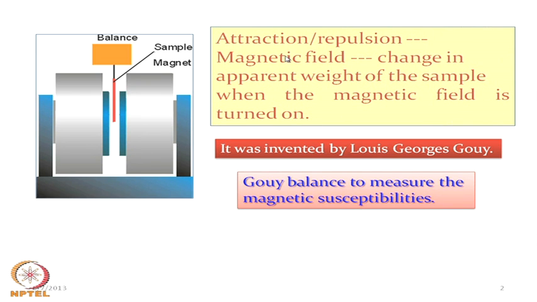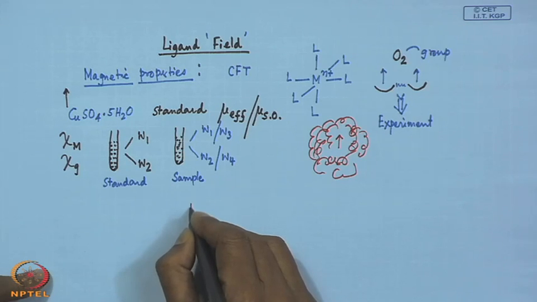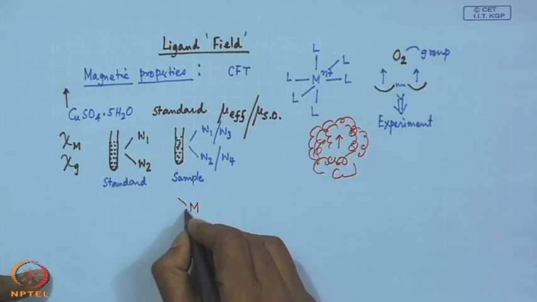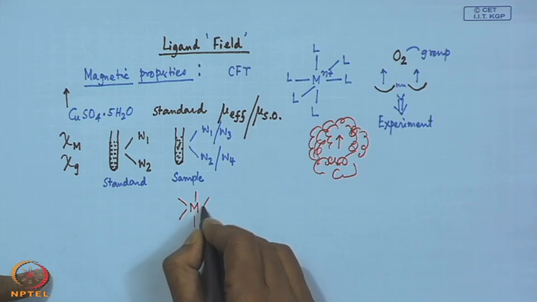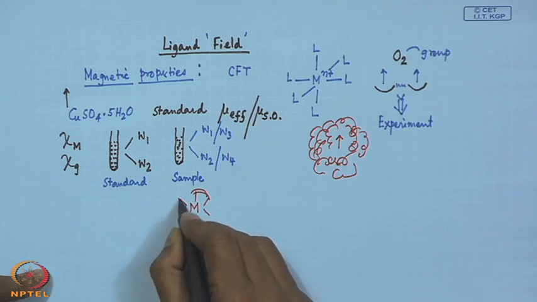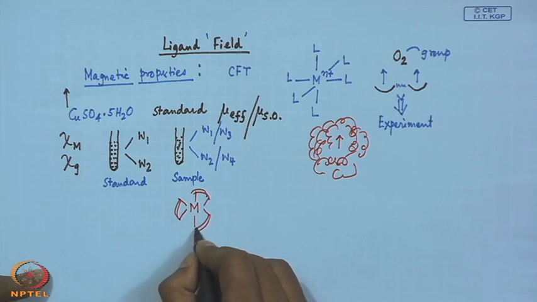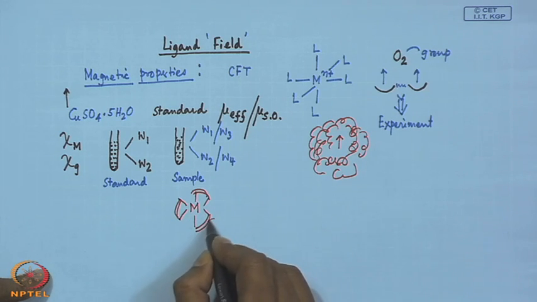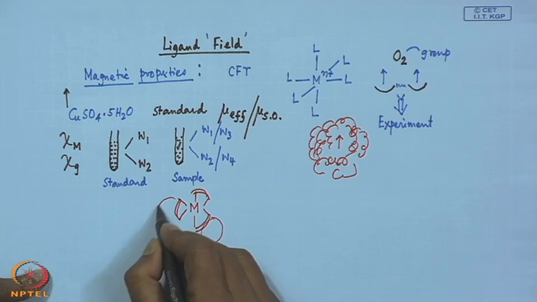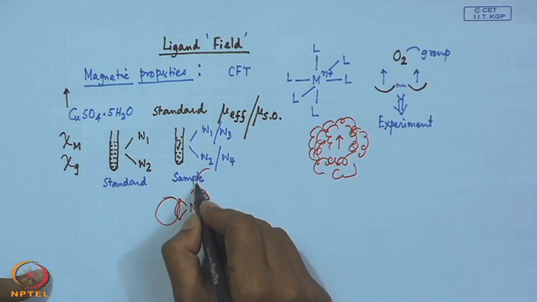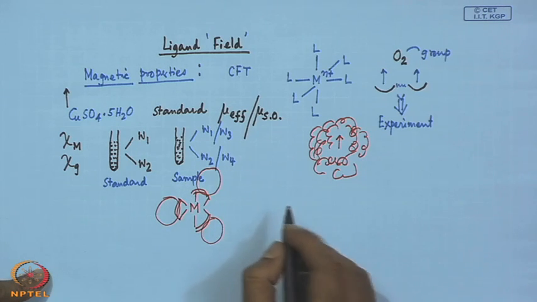So, we get some attraction and repulsion. Diamagnetic samples are repelled by the magnetic field, and when we have a metal complex, even if it is bound by several ligand centers, and the ligands are very big, it can have several steric crowding and several other atoms.